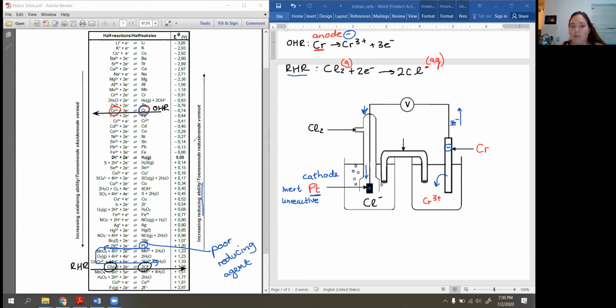The increasing reducing ability says that this is a better reducing agent. Therefore, this will be selectively oxidized. If it's between platinum losing electrons and chromium losing electrons, chromium is going to be better at losing electrons, so it will selectively happen. All right, so that basically explains to you why the platinum isn't going to react.